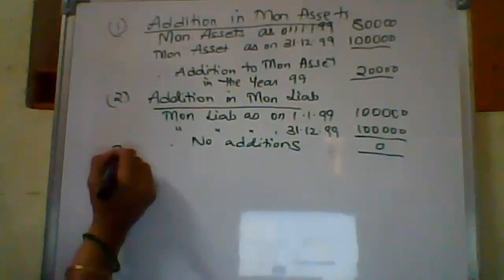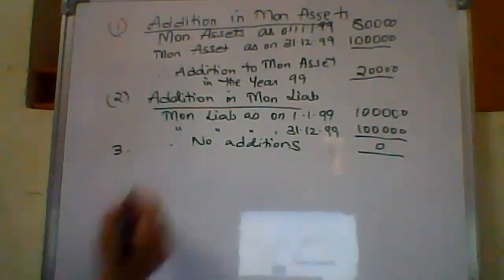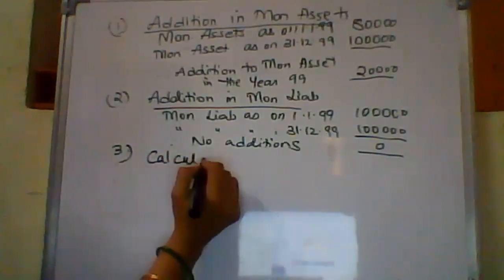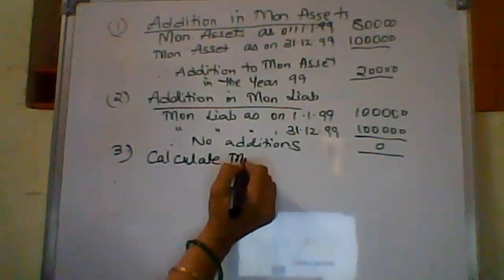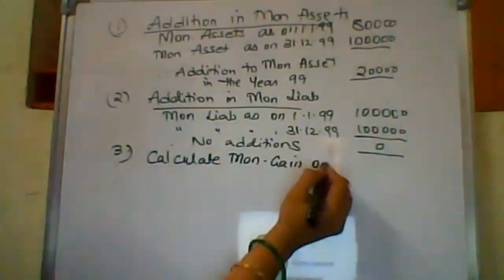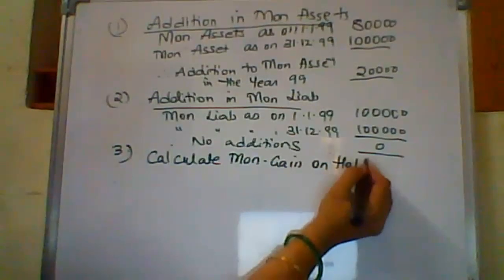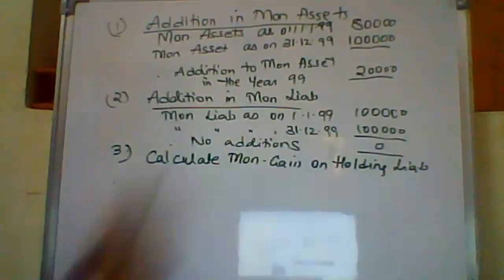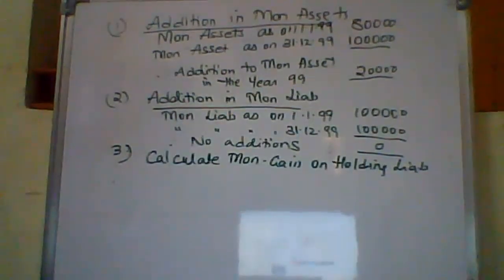So the third step we have to do is calculate monetary gain on holding liabilities. Because I am holding certain monetary liabilities, I am trying to find out how much is the gain which I am going to get due to holding the liabilities.